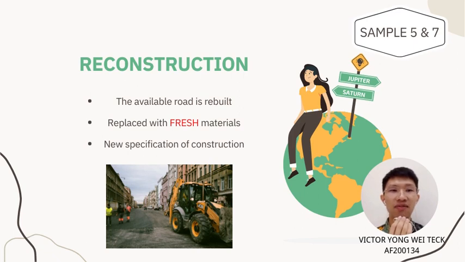The maintenance activity for samples 5 and 7 is reconstruction. Reconstruction indicates that the available road is rebuilt, with new specifications required on the road. It is rebuilt using fresh materials such as asphalt binder and aggregate.